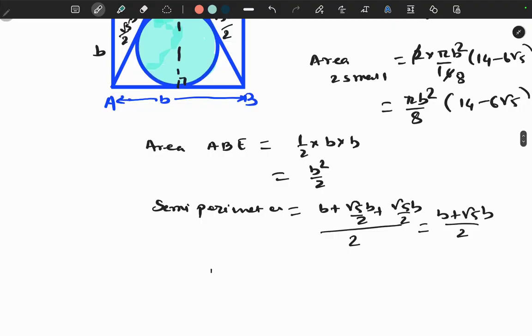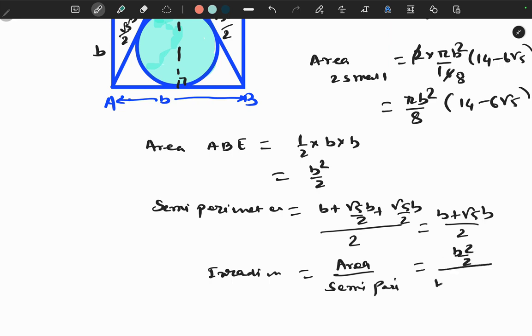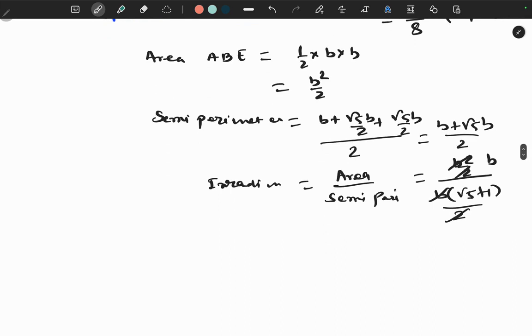And I know the inradius will be nothing but area divided by semi perimeter. So b square by 2 divided by b common, root 5 plus 1 divided by 2. 2 gets cut, b just remains upside. So the inradius becomes b by root 5 plus 1.